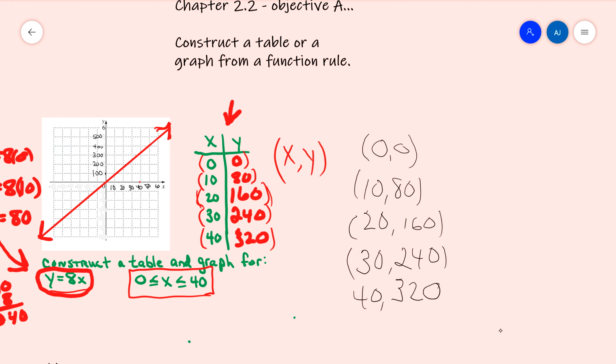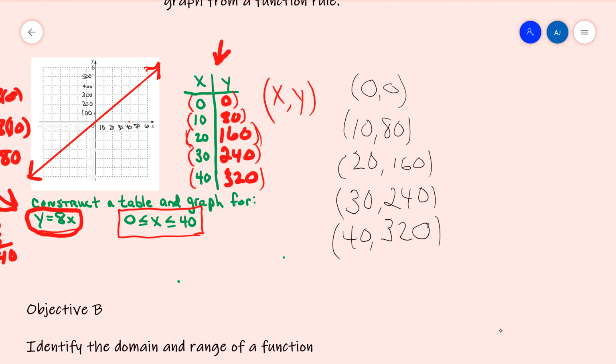Now they gave us these numbers in the problem. So when I want to know what the domain is, and remember the domain takes on all the x values, there is no way I can get any other numbers other than 10, 20, 30, and 40, and of course 0 up top, because that's what we had to plug in for constructing a table and graph for y equals 8 times x.